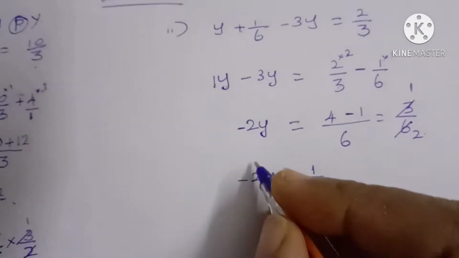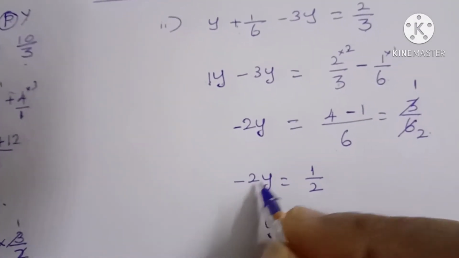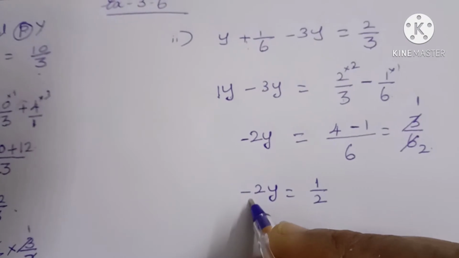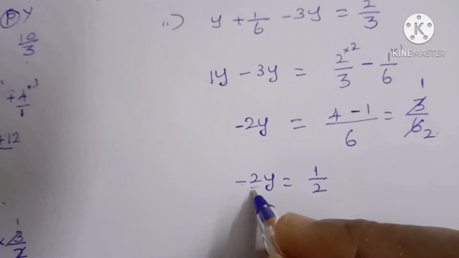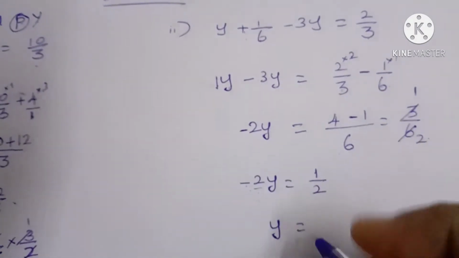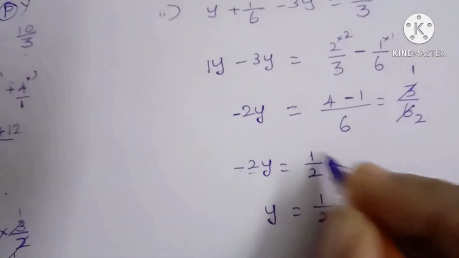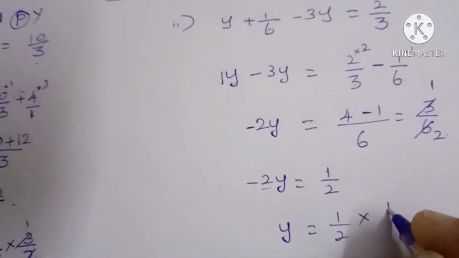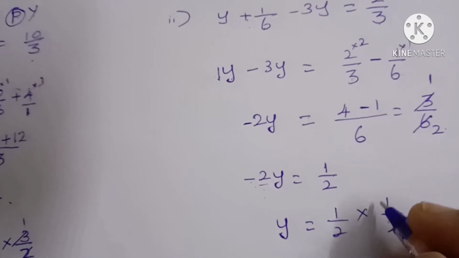Keep the y as it is. When you bring this, it is in the multiplication. Minus 2 by 1. If you take to your right hand side, the reciprocal of 2 by 1 is 1 by 2.